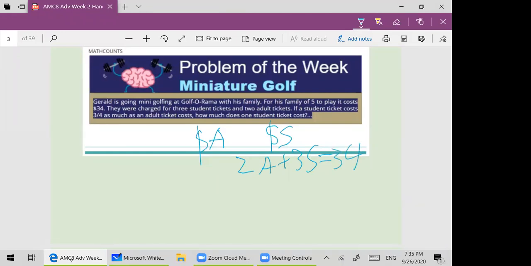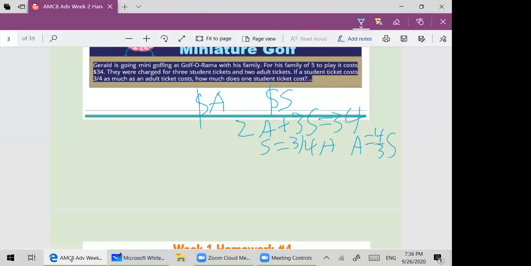We're also given that S equals 3/4 of A, which also means that A equals 4/3 S.